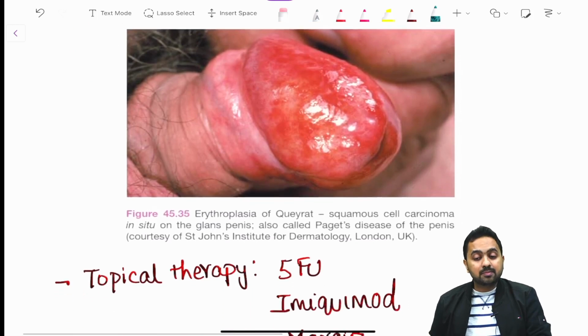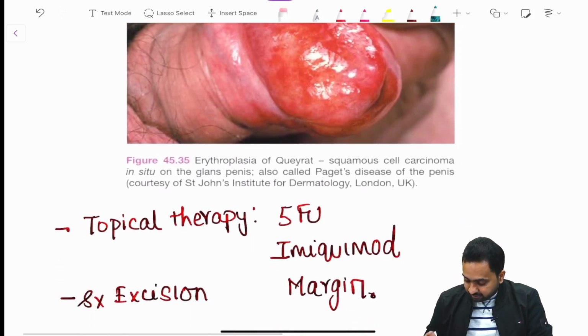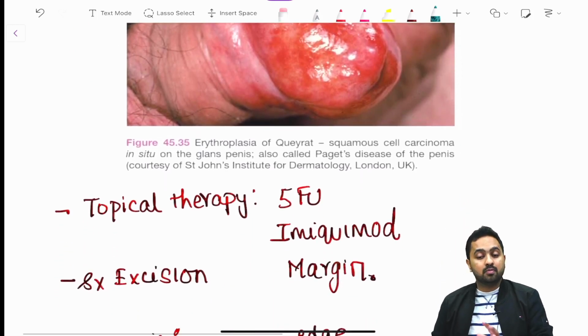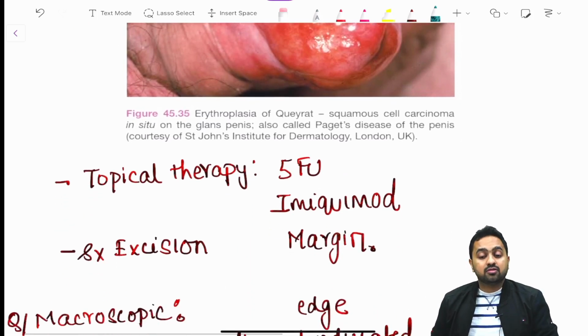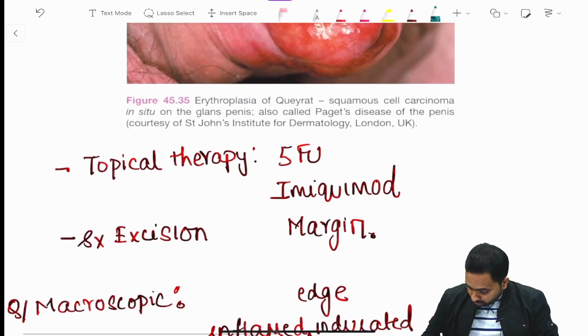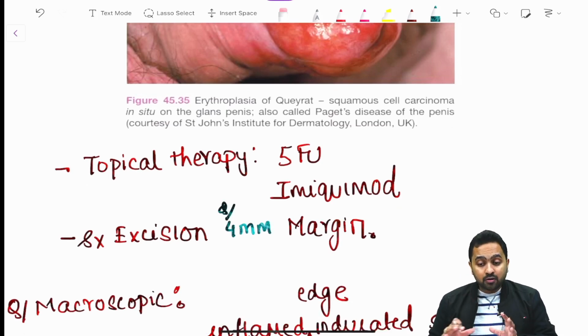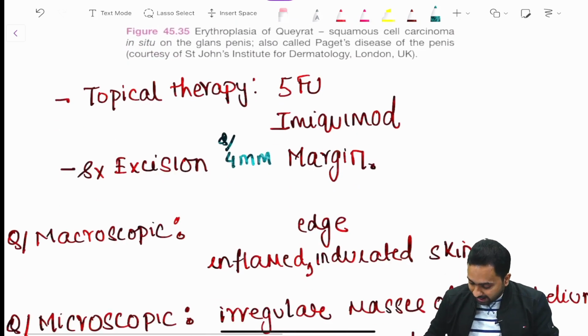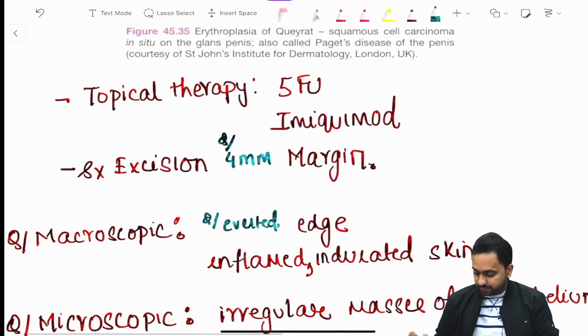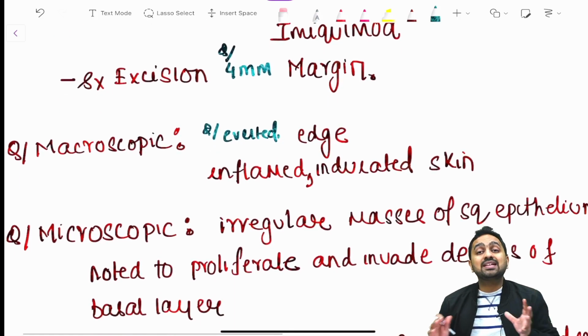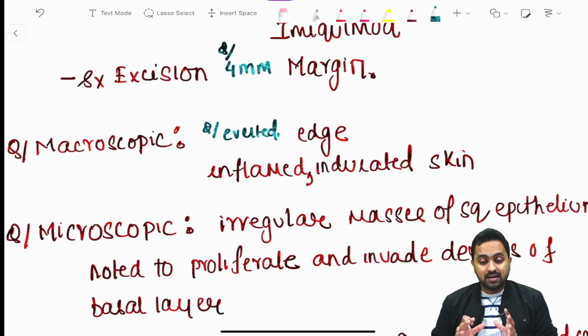The topical therapy includes your 5-fluorouracil and imiquimod, and your surgical excision would include your 4 mm margin. Then the macroscopic appearance of a squamous cell carcinoma will have a characteristic everted edge, right, and the surrounding skin would be inflamed and indurated.